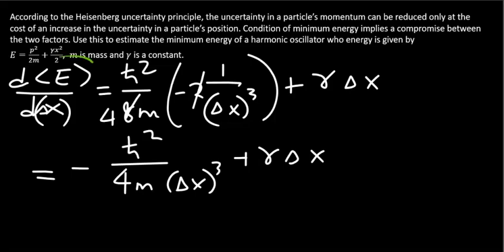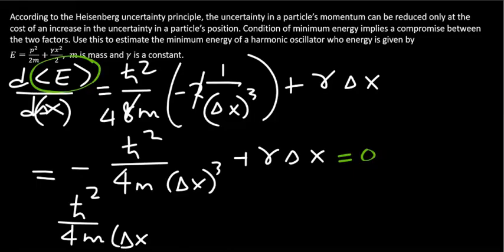In order to find the minimum value of that quantity, we have to equate the derivative to 0. And when you do that, you get h bar squared over 4m delta x cube equals gamma delta x.